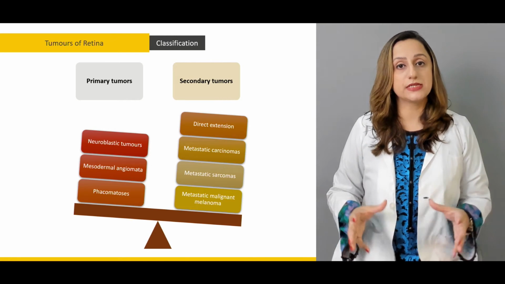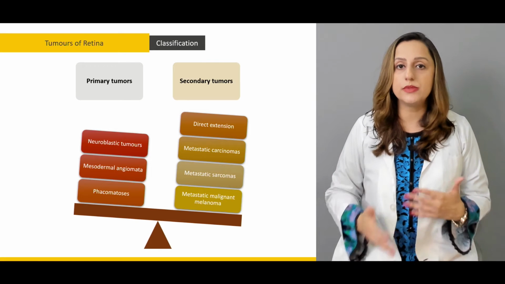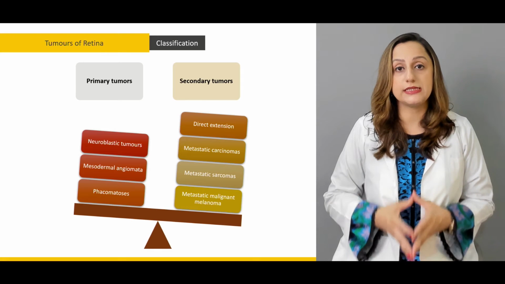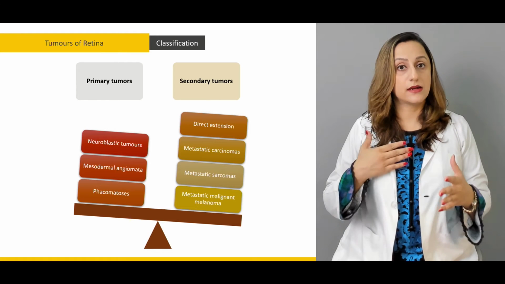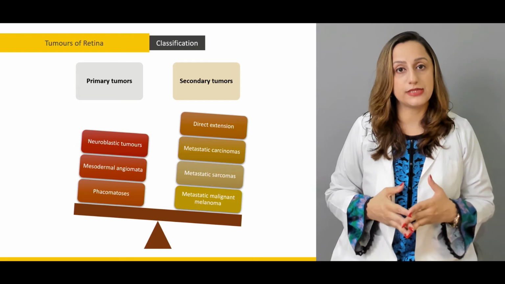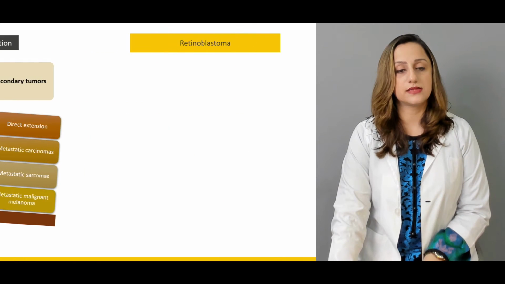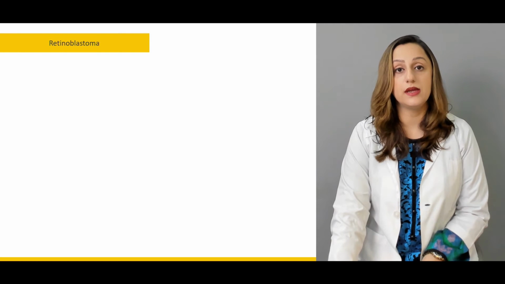All of these are done in these patients, the normal procedures that are followed for different cancer patients are done for these patients as well. So this is the classification of the retinal tumors primarily.